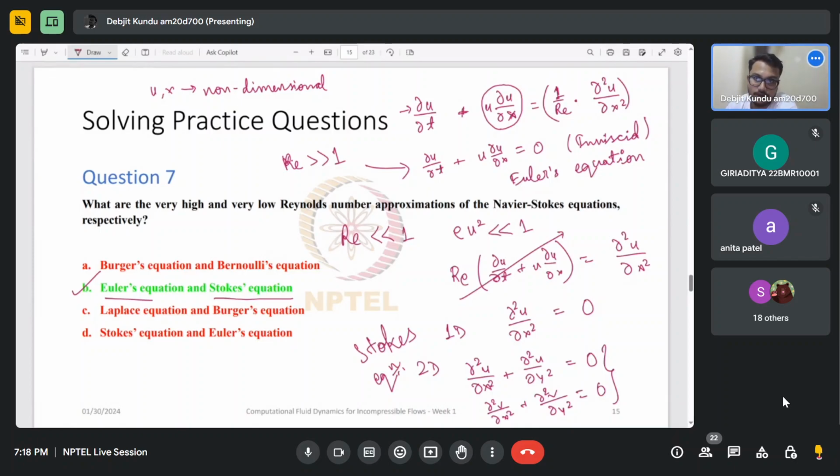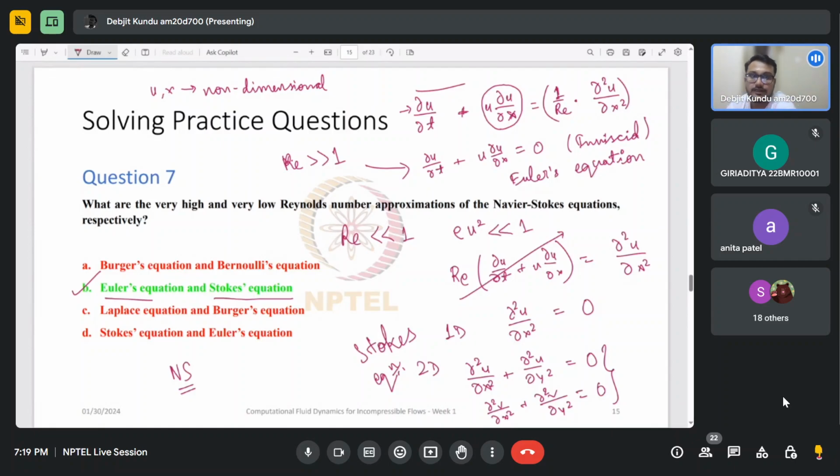So to give a better idea of why we should pay attention to these approximations: in practice you will find situations where the Reynolds number is extremely high or extremely low. In that case, you don't need to solve the full Navier-Stokes equations, which is very hard to do, with all the terms involved.